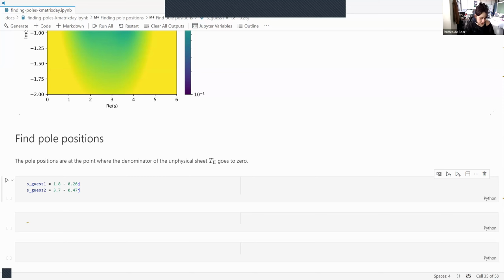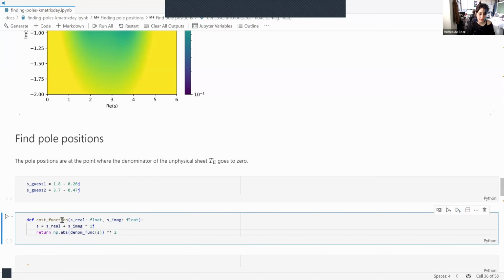So first I will define my cost function, basically the function I will put into Minuit. What I'm doing here is I use the denominator function, the absolute square of it. And what's important here is that I'm splitting S into real and imaginary part, because Minuit can only handle real numbers.